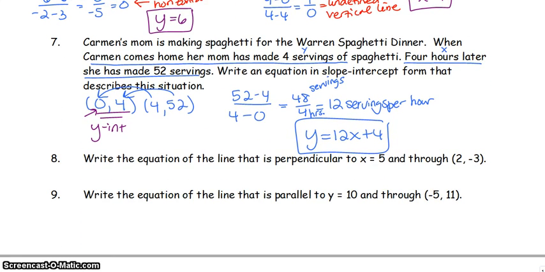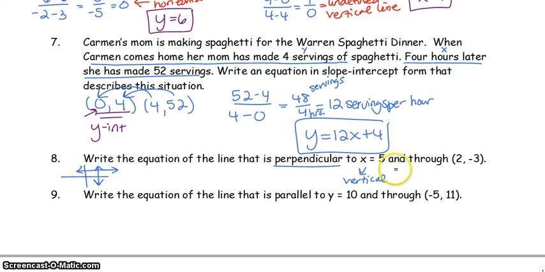Number 8, write the equation of a line that is perpendicular to x equals 5 and through that given point. Well, x equals 5, that is a vertical line. So if you have a coordinate plane and you have a vertical line, the only line that's going to be perpendicular is a horizontal line.